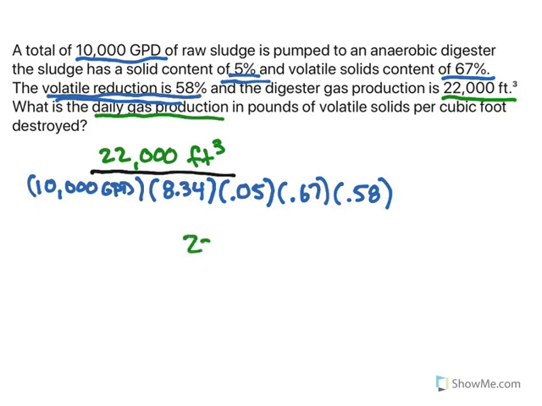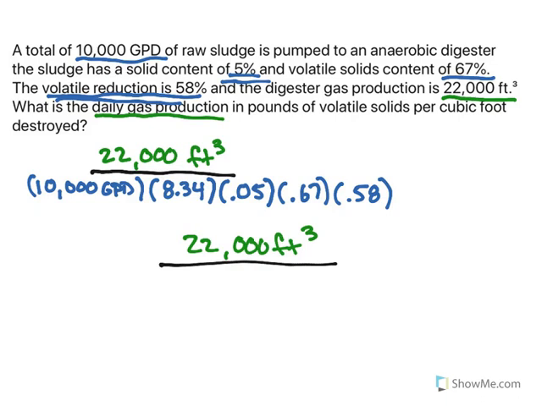We keep our 22,000 cubic feet of digester gas divided by, and let's multiply this out, 10,000 gallons times 8.34 gives us 83,400 pounds, times 0.05 because only 5% of that is solids, gets us down to 4,170 pounds, times 0.67, because only 67% of those pounds are volatile, gets us to 2,794 volatile pounds, and then times 0.58, because 58% of those volatile pounds were destroyed.